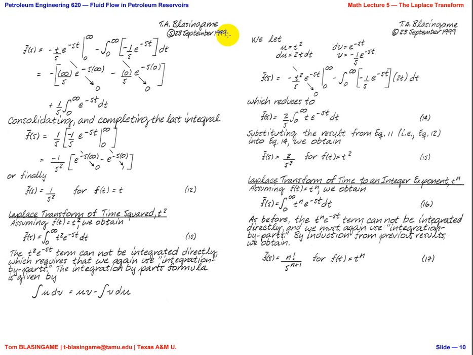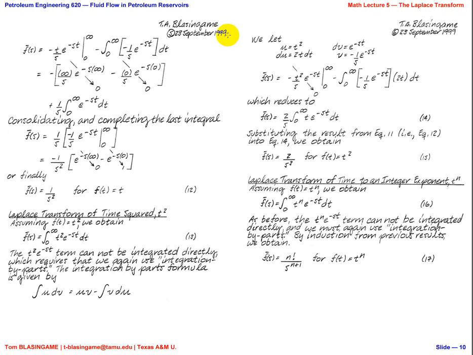Okay? If you remember, last class we were talking about the gamma function. We know that the gamma function of n plus 1 is equal to n factorial, right?